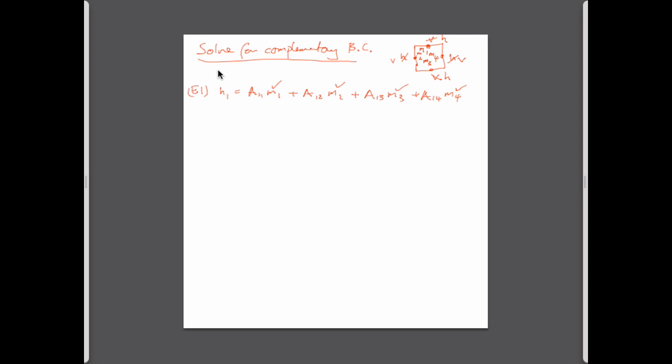We don't know what this is, and so we want to be able to fill this out. And so we can go back to this again. So what we're going to do, we're going to put a source on element 1 and see what its self-influence is.